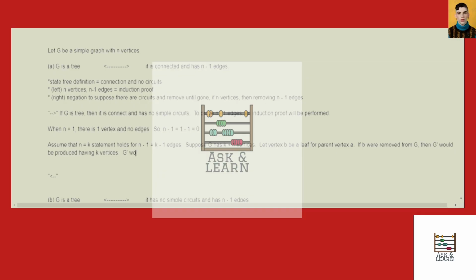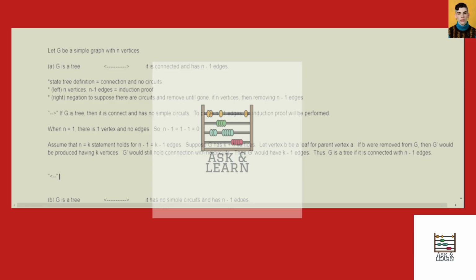G prime would still hold connection with no circuits. Then G prime would have k minus 1 edges. Thus, G is a tree if it is connected with n minus 1 edges. And the first part of that is completely done.